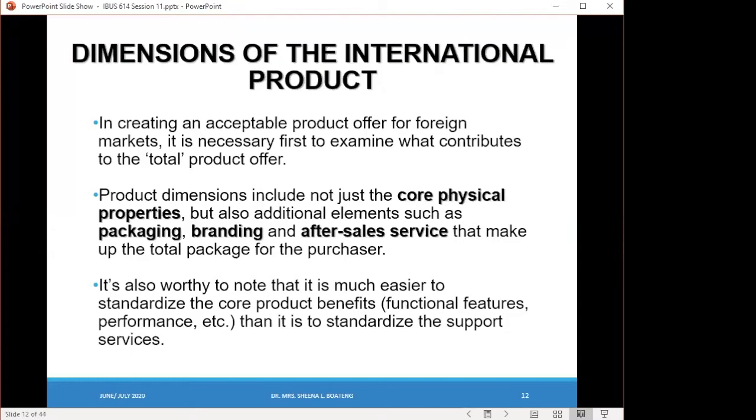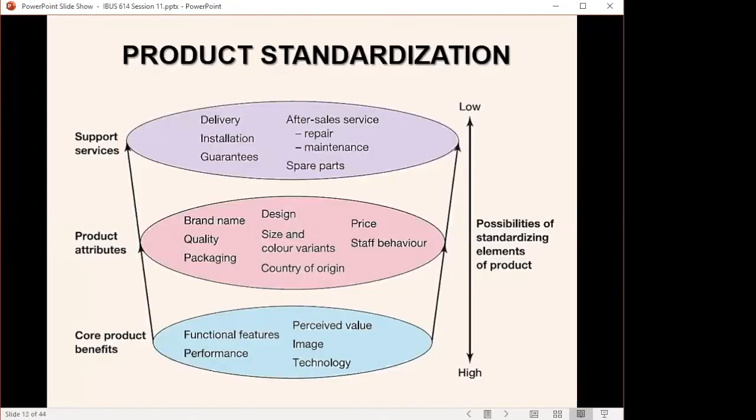And these layers include the core product, the product attributes, and the support services. Now, like I said, depending on the level of the product or the layer of the product that you're looking at, you will be able to implement standardization and adaptation to a certain degree.